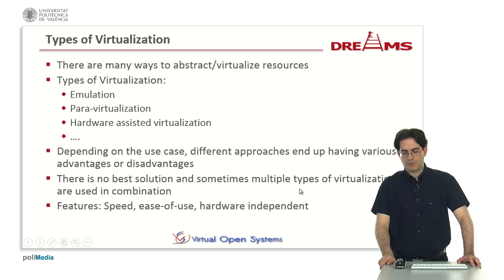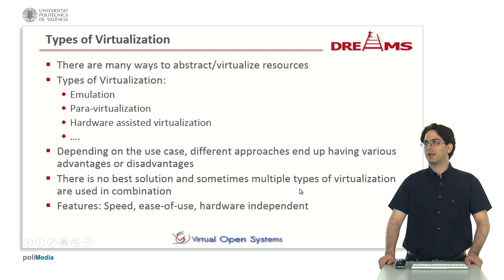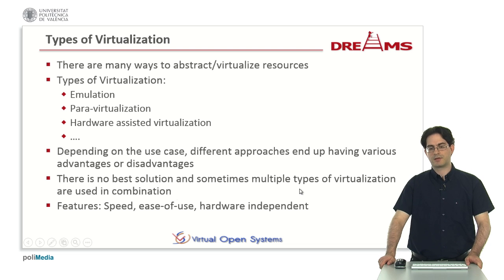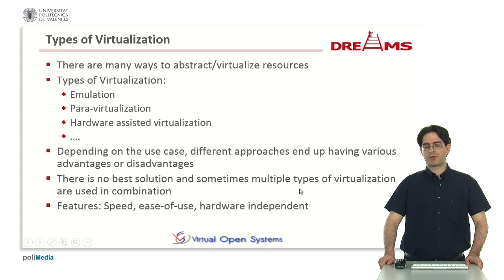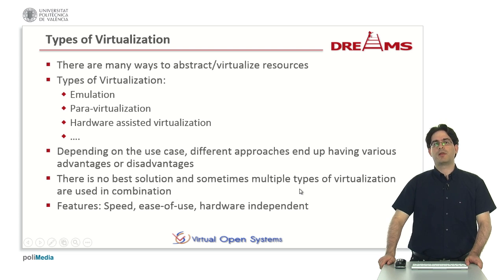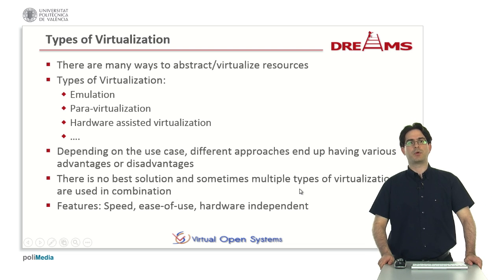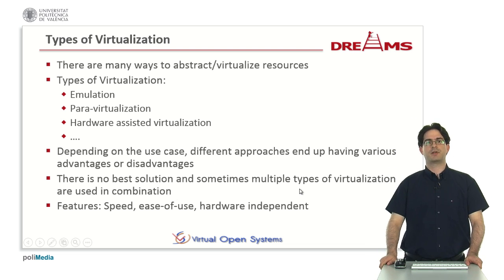Now, for the types of virtualization, because there are many ways to implement virtualization, how to abstract things, how to manage resources. It's a very complex process that has different types of approaches. The approaches that we will discuss here are emulation, paravirtualization, and hardware-assisted virtualization.